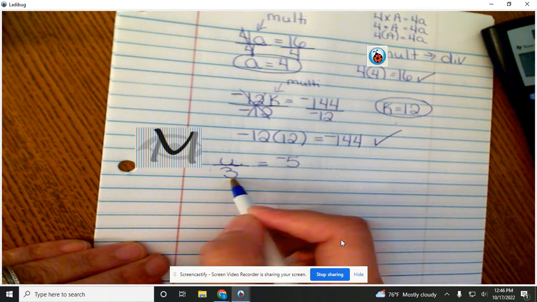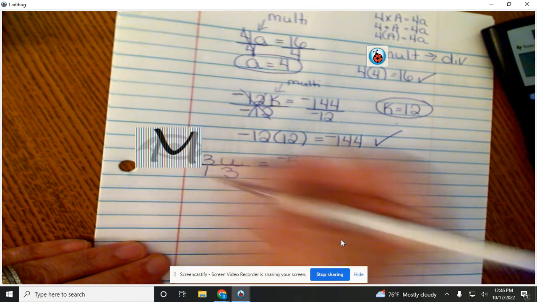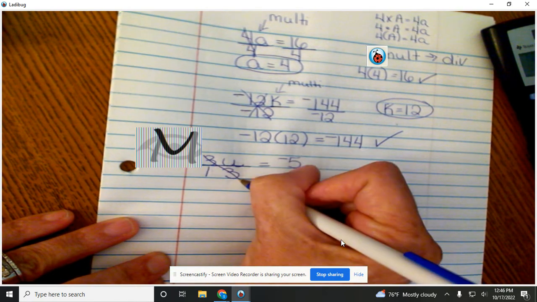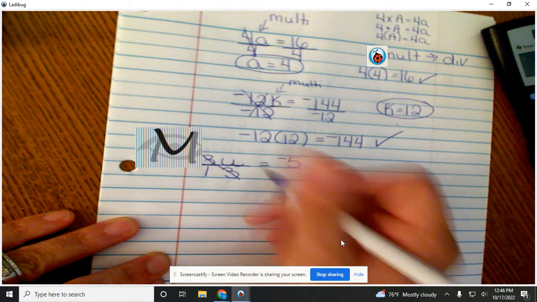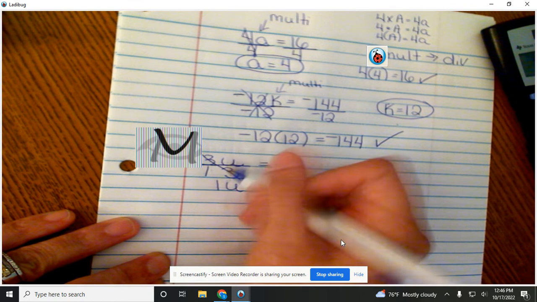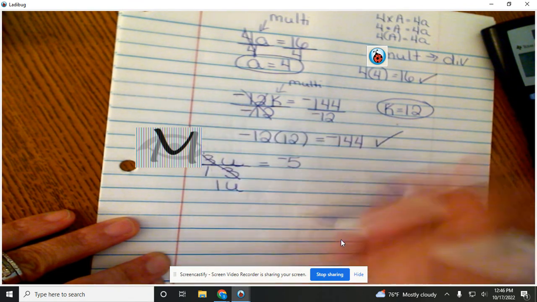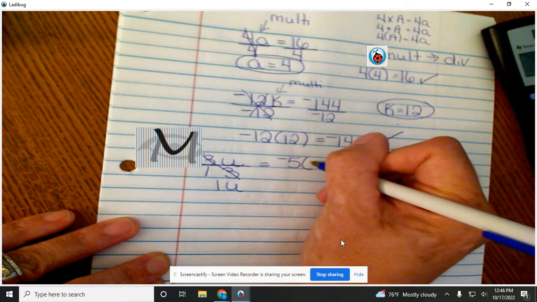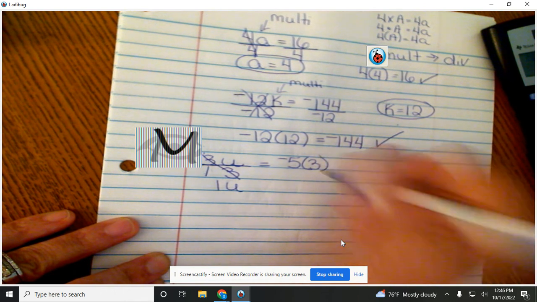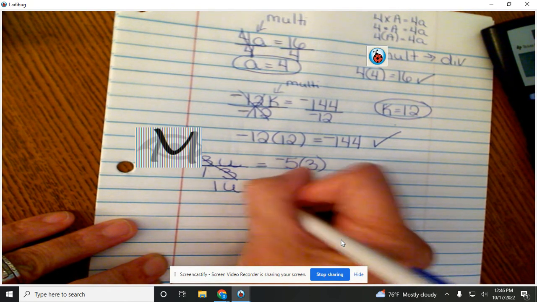So my denominator is now going to become my numerator. If you cross this out, it leaves you just one u left over. Since you multiplied on one side, you are going to multiply on the other. -5 times 3 equals -15.